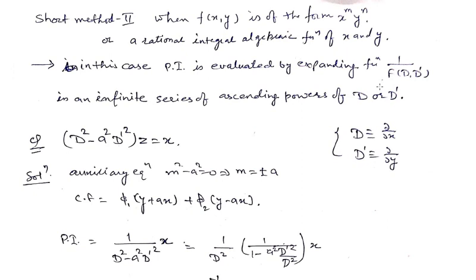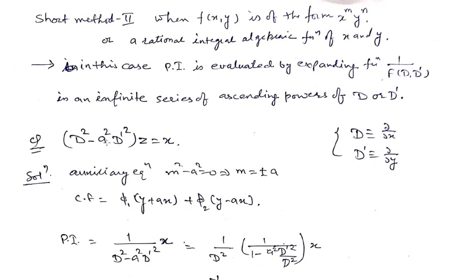When we take the highest power of D outside, the remaining function converts into terms of D prime upon D. But if we take the highest power of D prime outside, the remaining function converts into D upon D prime. We shift this function into the numerator, whose power is minus 1, and using binomial expansion we expand it into an infinite series, and then we can find the particular integral of the right hand part.